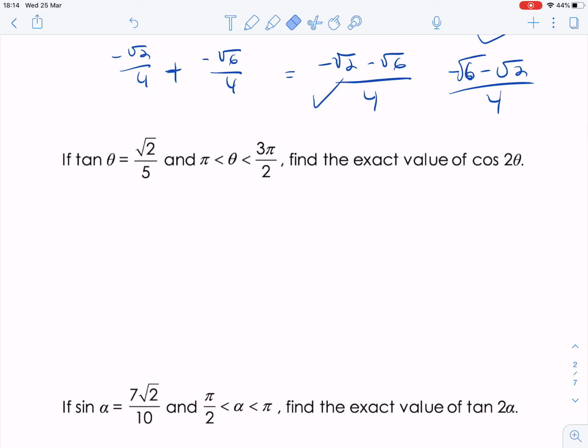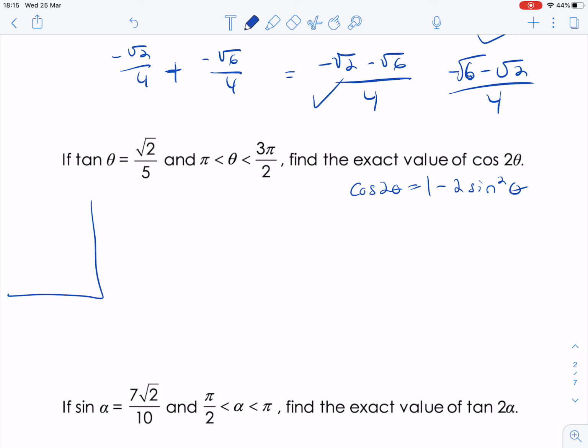Find the exact value of cosine 2 theta. All right, so let's get a formula for cosine 2 theta. Which one do we use? Let's use sine: 1 minus 2 sine squared theta, which means we need sine.